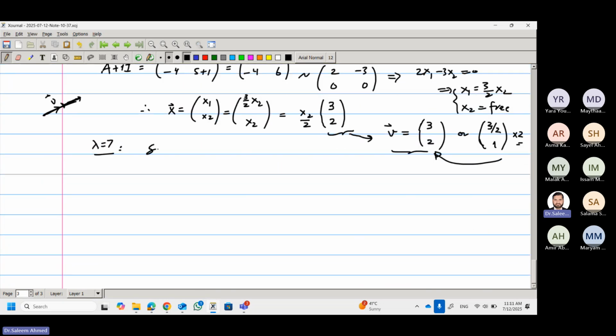Here I will solve for 7, I will solve A minus lambda I, but lambda is 7 now. So A minus 7I x equal to 0 for some non-zero x. I will solve for x which is not equal to 0. So I can write just A minus 7I, which is just subtracting 7 from the diagonal.